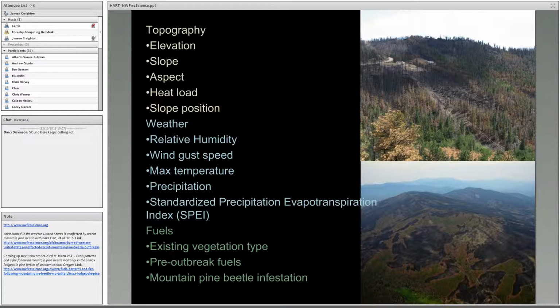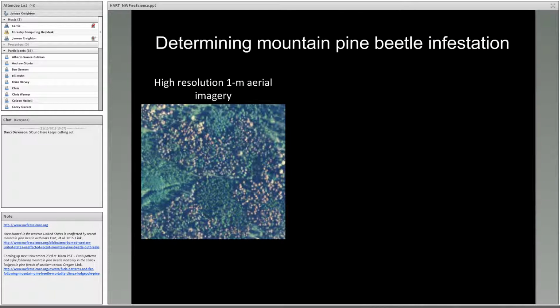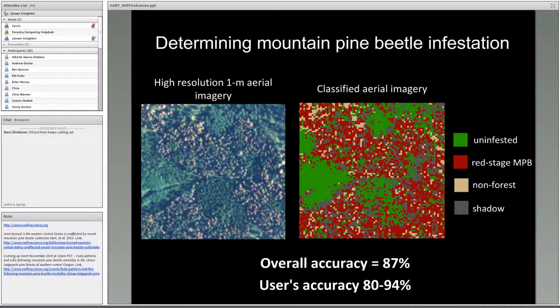While in the previous study I talked about using aerial detection survey data, I really needed a finer scale measure of mountain pine beetle infestation for this study. So I acquired high resolution 1 meter aerial imagery, and this is what this type of imagery looks like. It's from the NAIP program. I used this data to classify where we had red stage mountain pine beetle infestation. I created maps of classified aerial imagery with basically uninfested forest, red stage mountain pine beetle, non-forest cover, and shadow.